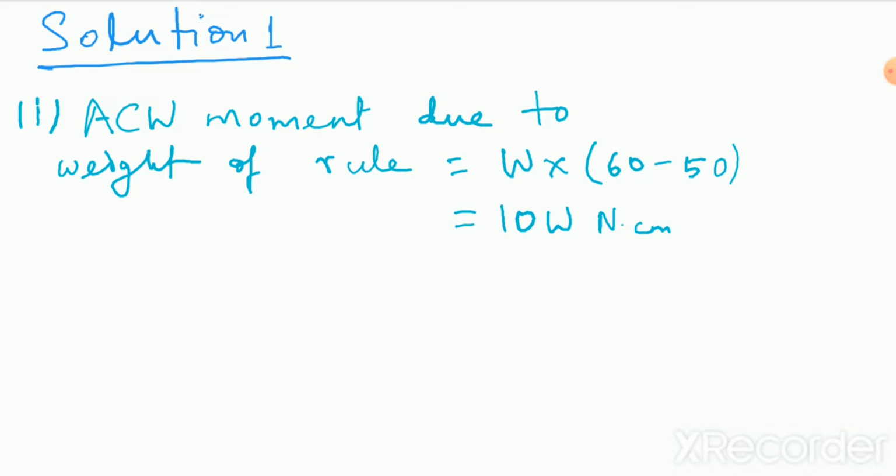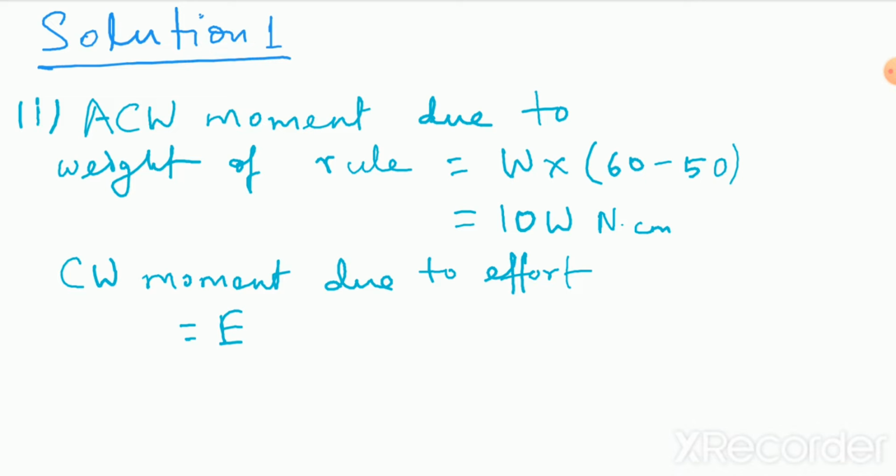Fine. Now the clockwise moment created due to the effort. So the clockwise moment due to effort is how much? The effort is given as E, and the distance is 90 minus 60, so 30 into E Newton centimeter.